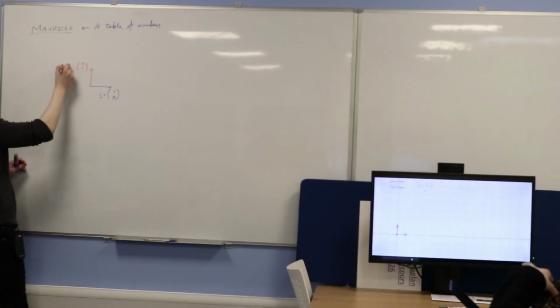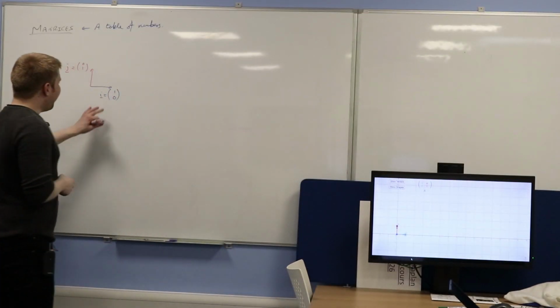You remember I? And what was the red one? J. So I was 1, 0 and J was 0, 1.